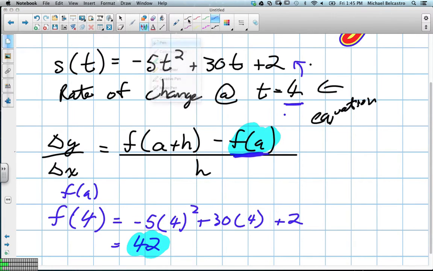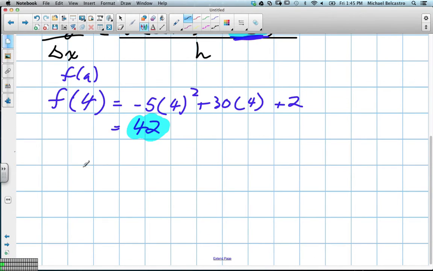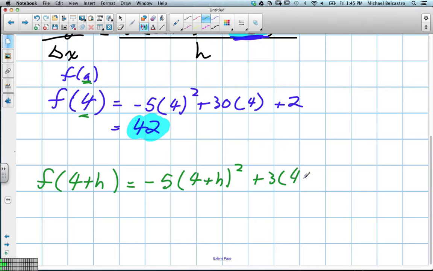Now the trickier part of this is our a plus h. Now a is the value of 4. So now we're going to be finding, in green, f at 4 plus h. We replace the value of a with 4 in the exact same equation: negative 5 times (4 plus h) squared plus 30 times (4 plus h) plus 2.